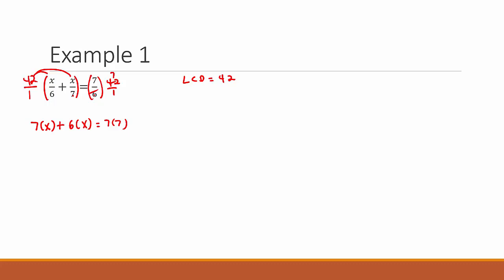I just have to use my equation solving process. I will multiply 7 times 7 out to get 49. There's no distributive property, no parentheses to clear, but I do have like terms on my left-hand side. 6x plus 7x are on the same side of the equal sign, so I can combine those to make 13x.